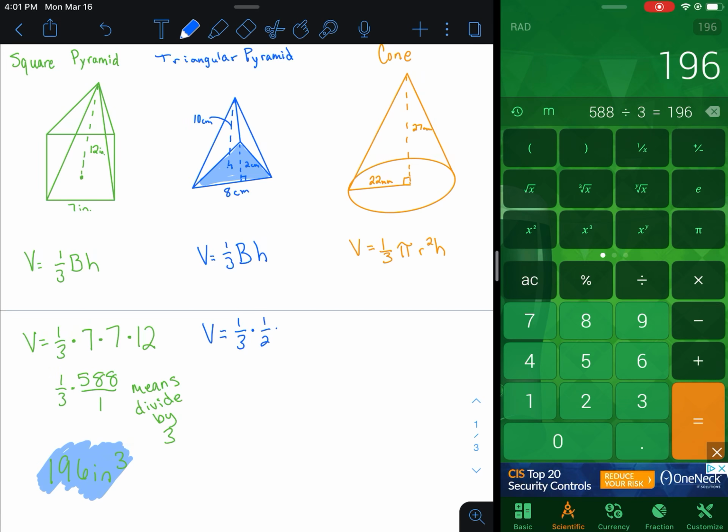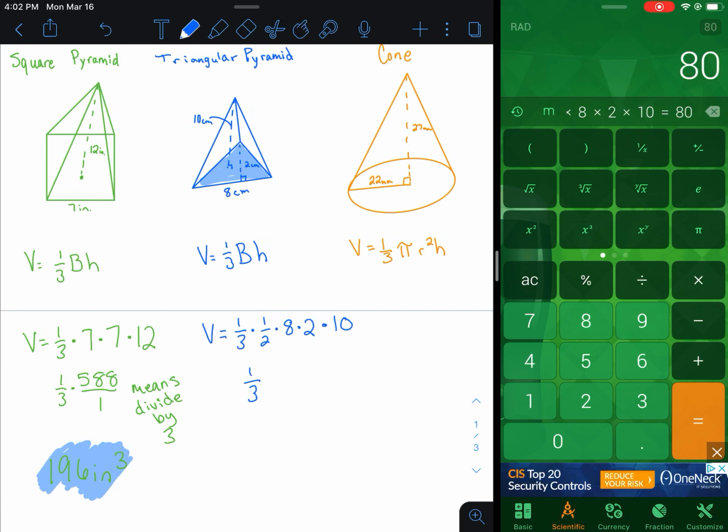So 1/2 times base times height, that's 8 times 2, and then times the actual height of the entire pyramid itself. Remember that the 1/2 times base times height pertains to the area of the triangle. That is the big B. So when I take 0.5 times 8 times 2 times 10, I end up getting 80.